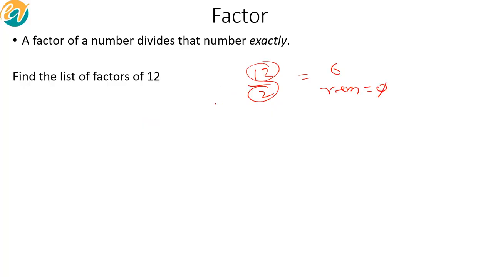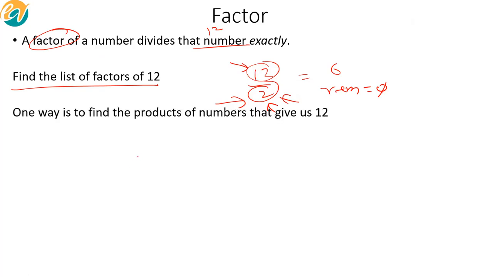Since this is the case, 2 will be called a factor of 12. So this question is asking you to find out the entire factor list of 12. That factor list obviously would include 2. What are the other numbers that this factor list would include?